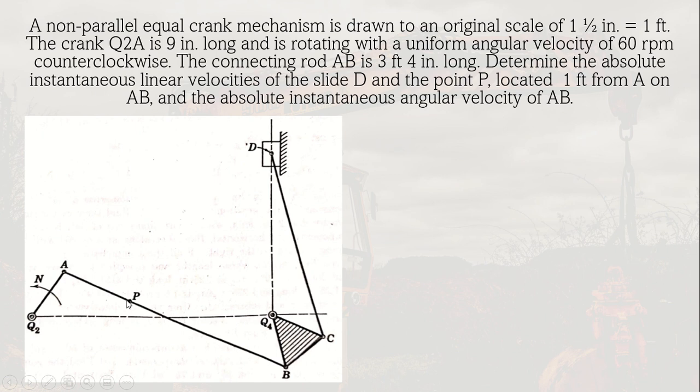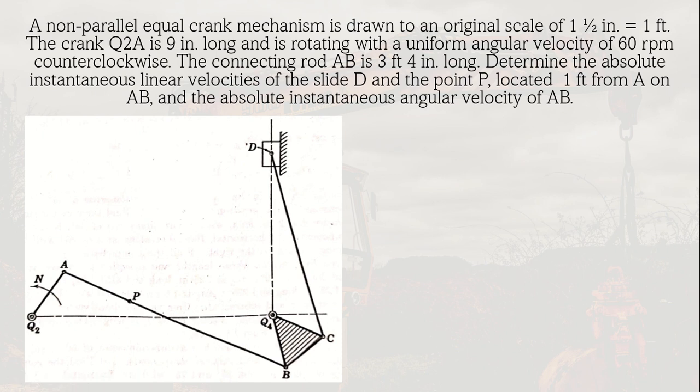So this point P here is located 1 foot from A, so AP is 1 foot, on this length AB. And we also wanted to get the absolute instantaneous angular velocity of AB, or the omega AB, the floating length AB. So this is kind of a complicated problem, but we can still use the method.